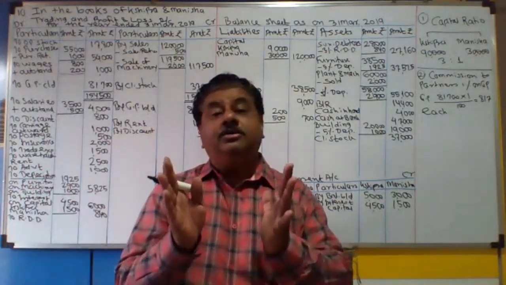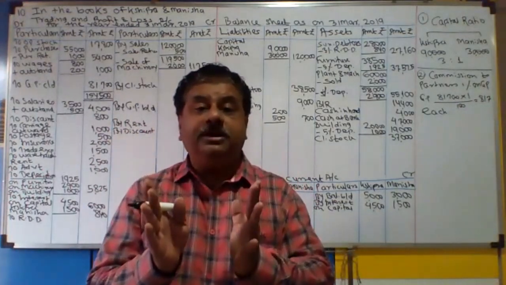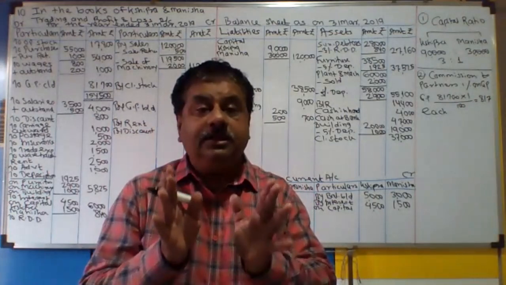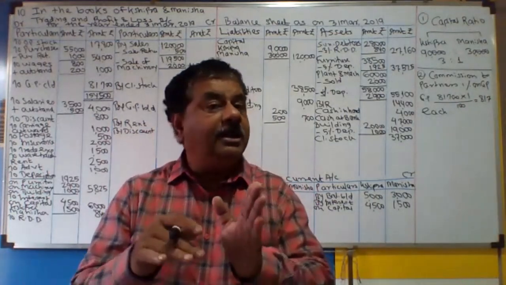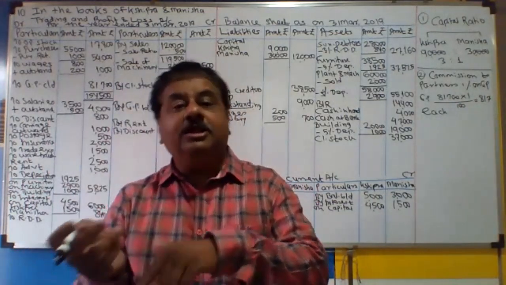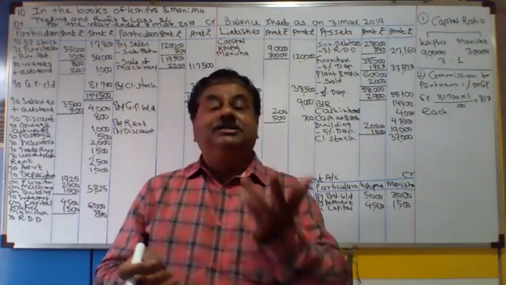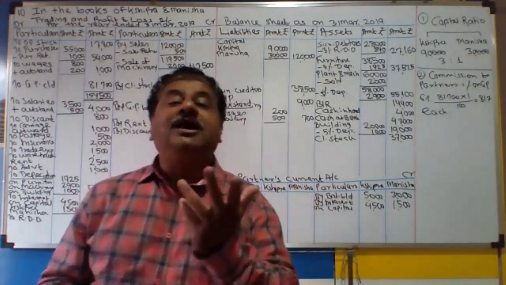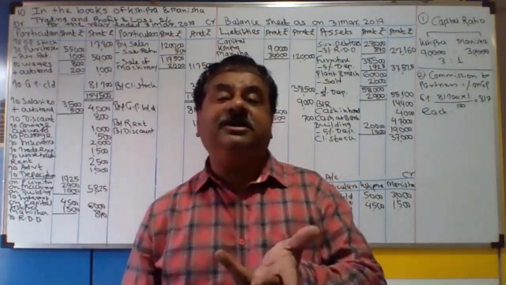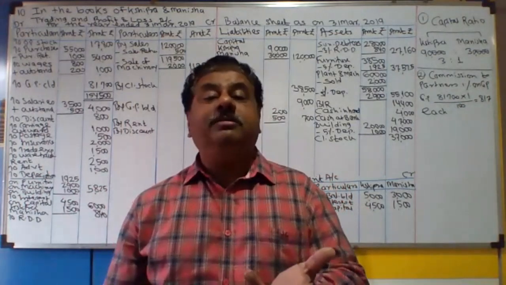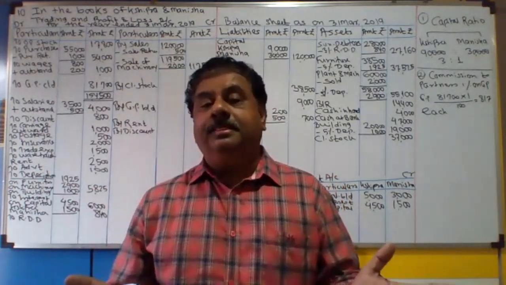You have to calculate this commission on the gross profit, but you do not have to add to or subtract from the gross profit. The amount of a gross profit is utilized just as a basis for calculation of a percentage of commission, nothing else.